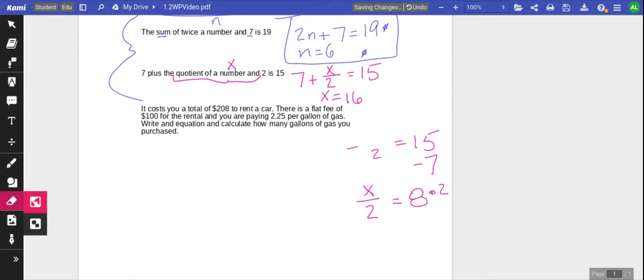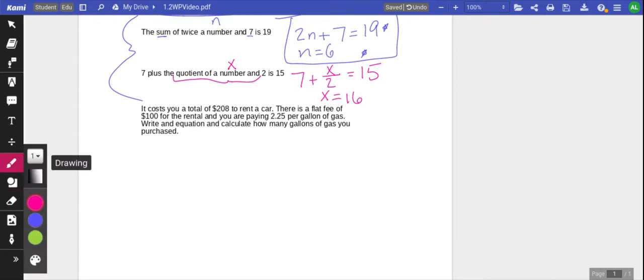There's a flat fee of $100 for the actual rental, and I'm paying $2.25 for every gallon of gas. So it wants me to write an equation and calculate how many gallons of gas that I purchased. Okay, so a total of $208. So whatever I'm adding up, all the other stuff is going to equal 208.